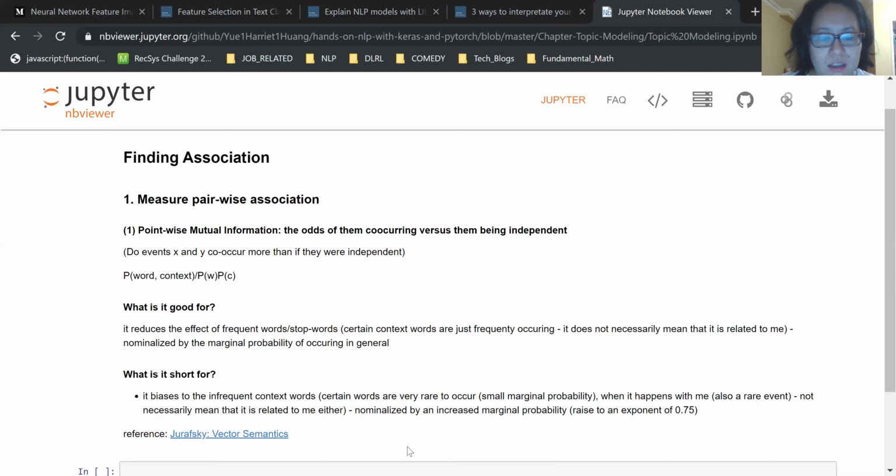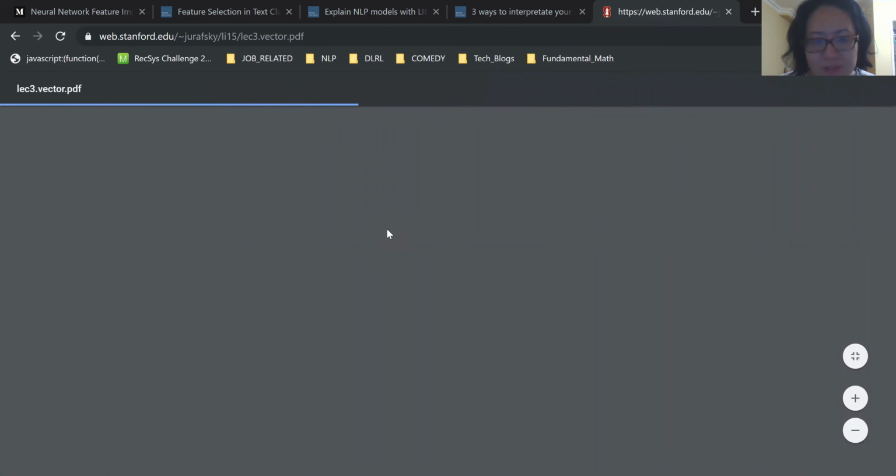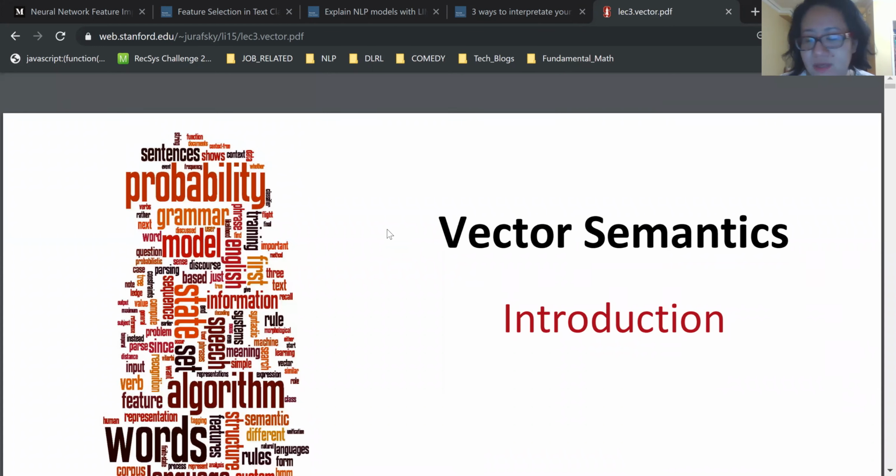So there's a reference which is in Jurafsky's slides. Professor Jurafsky wrote a book, which is a classical book in NLP, I believe it's called Speech and Language Processing.